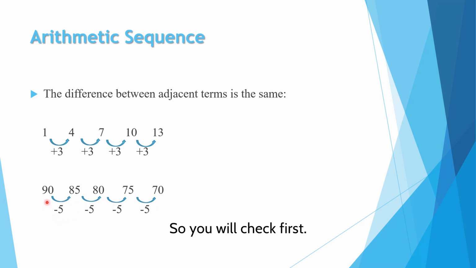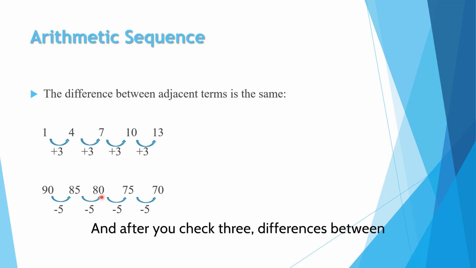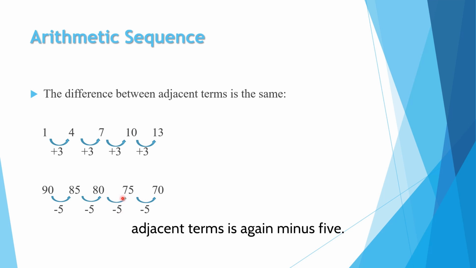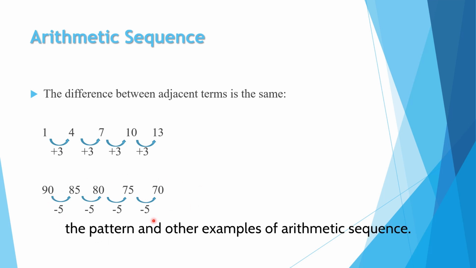So you will check first 90 to 85, that should be minus 5. And 85 to 80, again a difference of minus 5. After you check three differences between adjacent terms and it is again minus 5, you can be quite sure that this is the pattern.